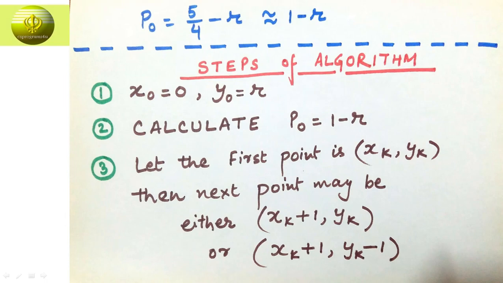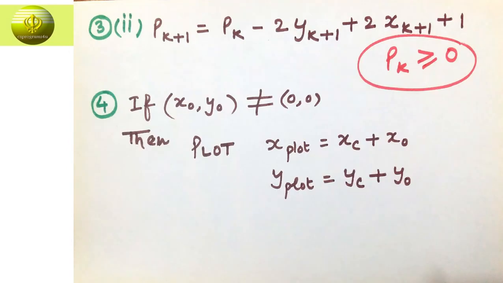If I take into consideration the second point, what will happen? Similarly, I can calculate this value pk plus 1 if the value of xk plus 1 is equal to xk plus 1 and the value of yk plus 1 is equal to yk minus 1, then the output will be pk plus 1 is equal to pk minus twice yk plus 1 plus twice xk plus 1 plus 1.